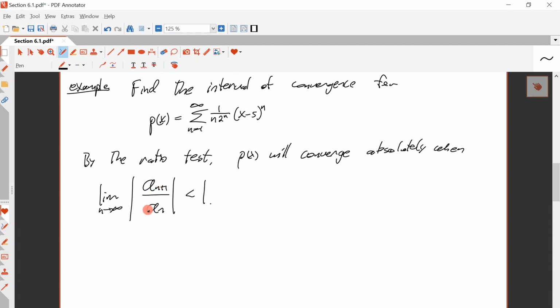Okay, so we just want to look at this limit and then see when it's less than 1. So a_(n+1) over a_n.